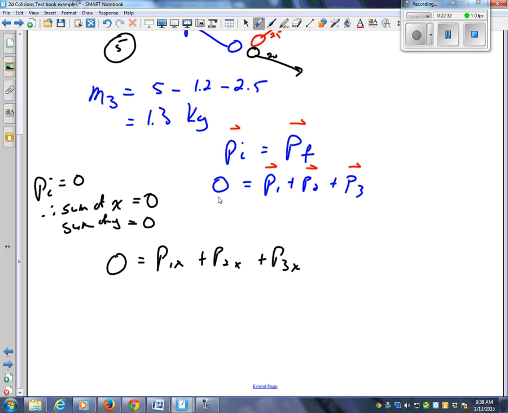All I did was just rewrite that statement there, but said it's for the x components. We are trying to find the speed of piece 3. Piece 3, x component. These two guys go to the other side and become negative. So minus P1x minus P2x.